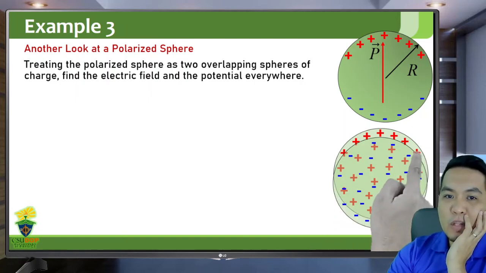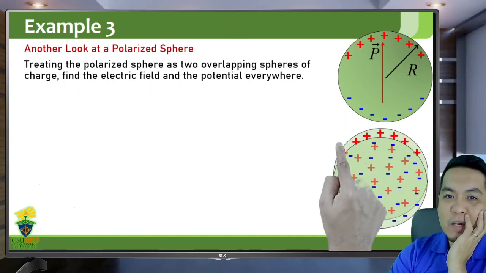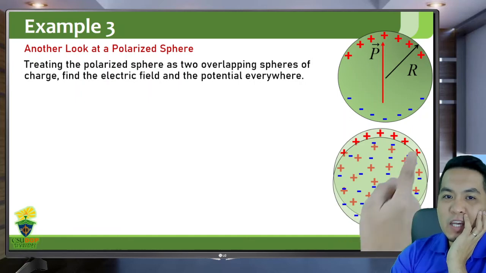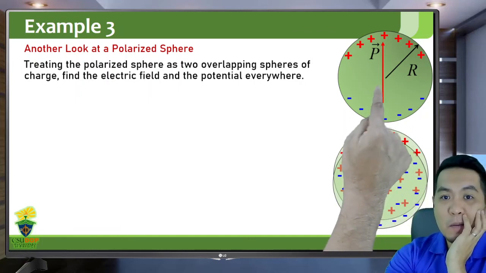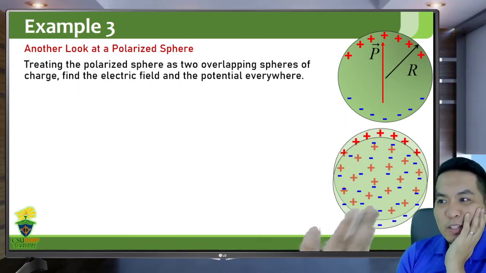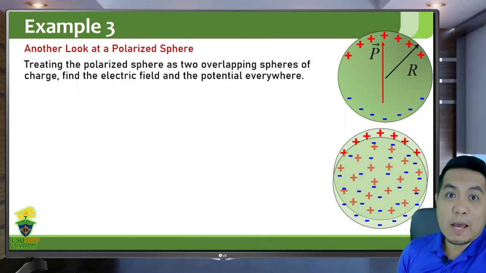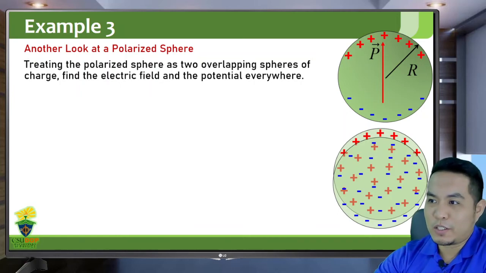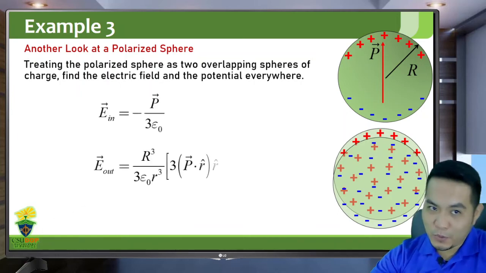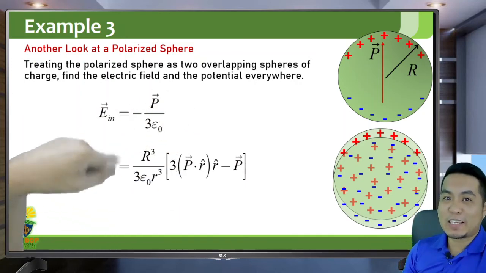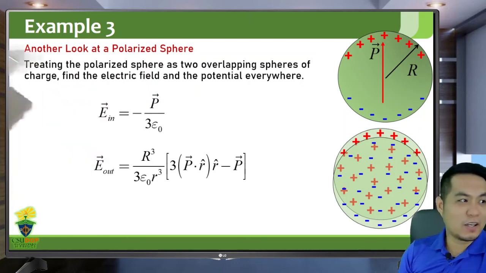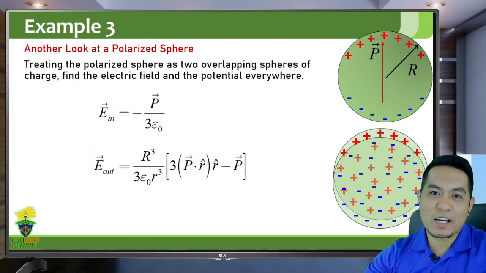Only in the upper region will there be positive charges, and in the lower region there will be negative charges, essentially mimicking our polarized sphere. Of course, you will still get the same results. This is just another solution to this problem.